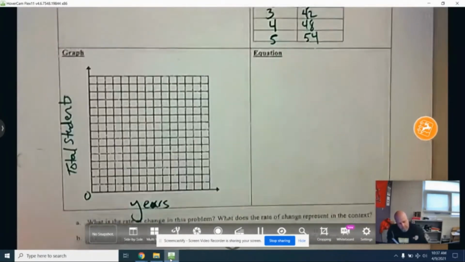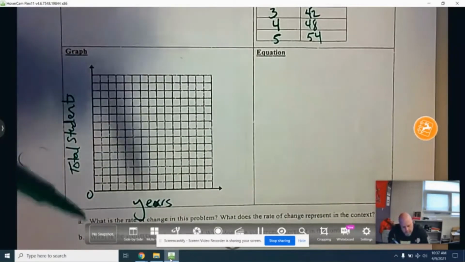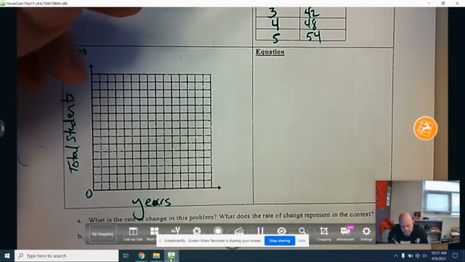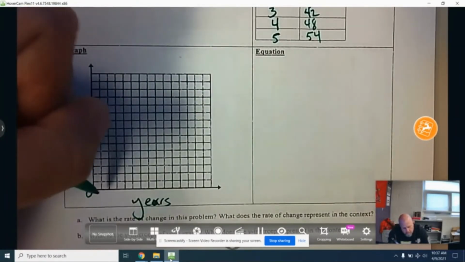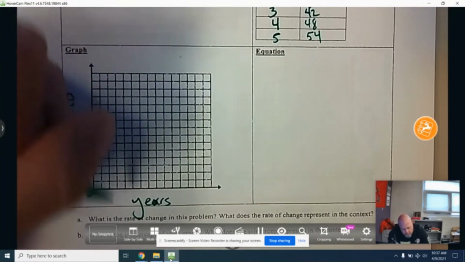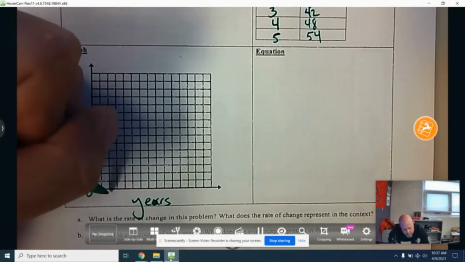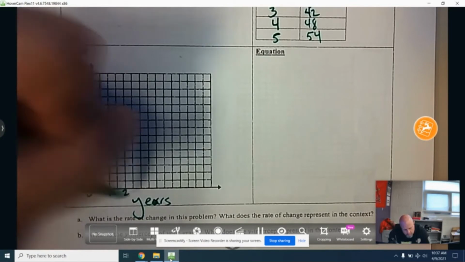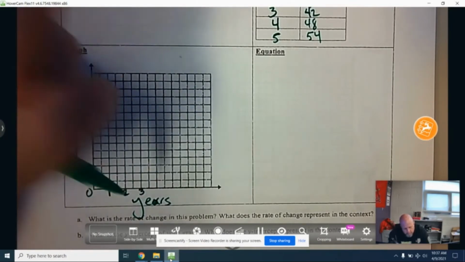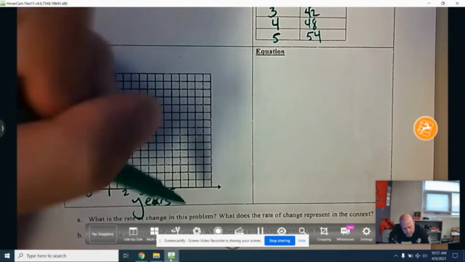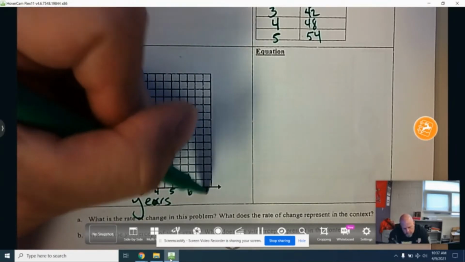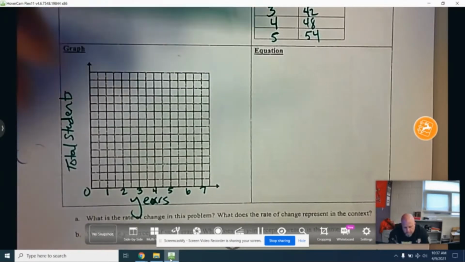Okay, total students. Now I need to label my axes here with some numbers. So the years, I only got to get up to 5. Again, I got plenty of room here. I don't have to go every 1. I could skip. So every 2, 1. Another 2, there's 2. Skip, there's 3, 4, 5. Okay, and I can go further all the way up to beyond 7.